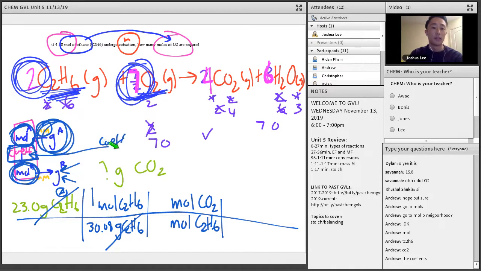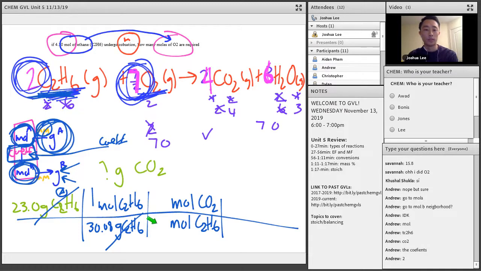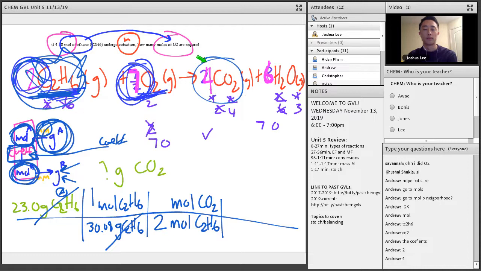So if I look at the coefficients of C2H6, what is the coefficient of C2H6? 2. So I put a 2 there. So for every 2 moles of C2H6 that I burn, how many moles of CO2 will I make? 4. Then my moles of C2H6 cancel out. Now I'm at moles of CO2.